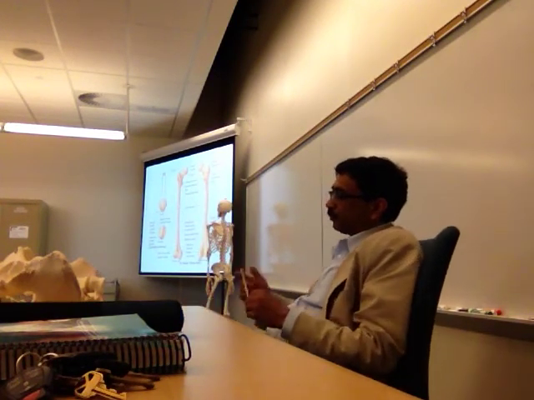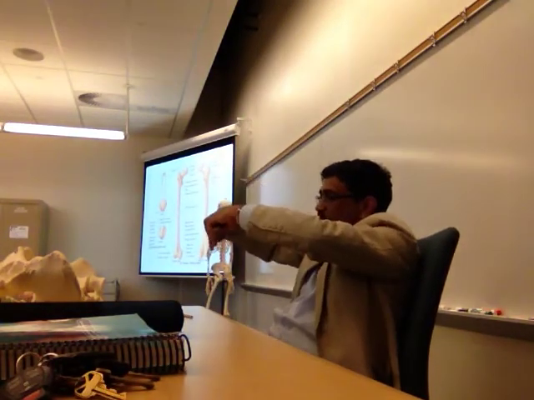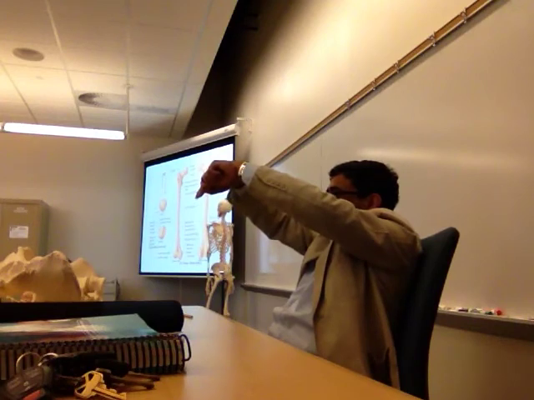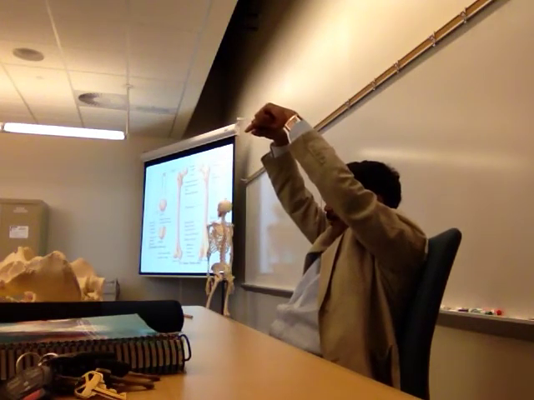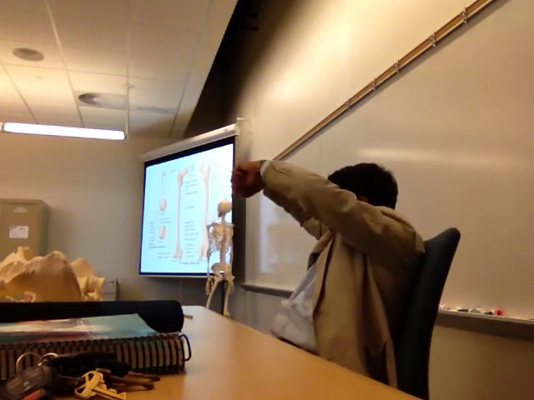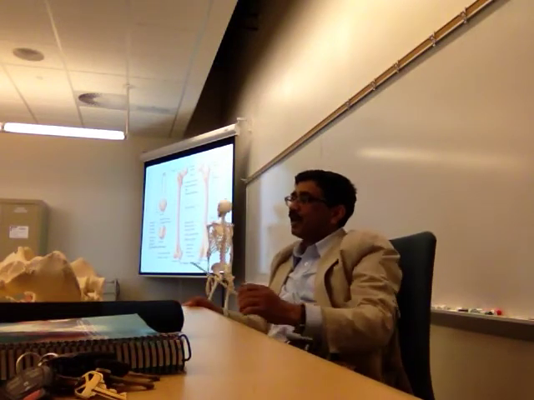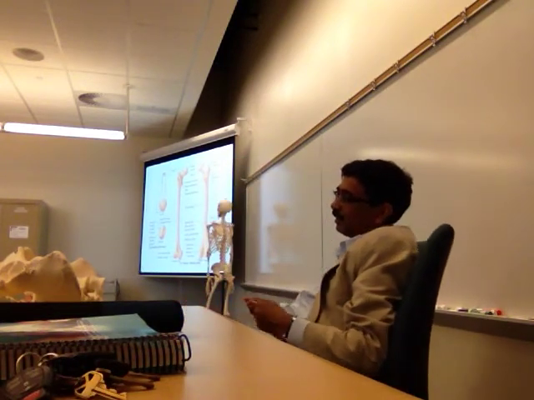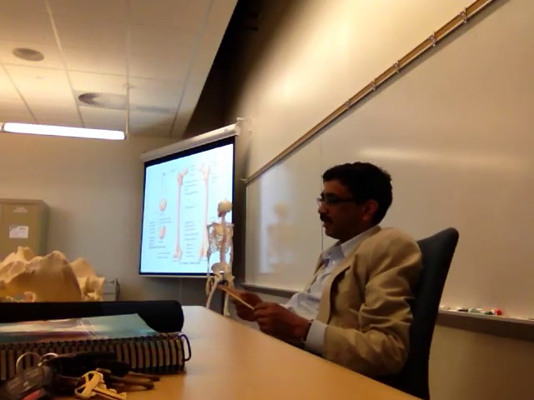Then the linea aspera, when it goes down, divides into two lines. So linea aspera is one line in the upper part and middle part. Then when it goes to the bottom part, it divides like this and forms two supracondylar lines. Just think that supra means above the condyles.